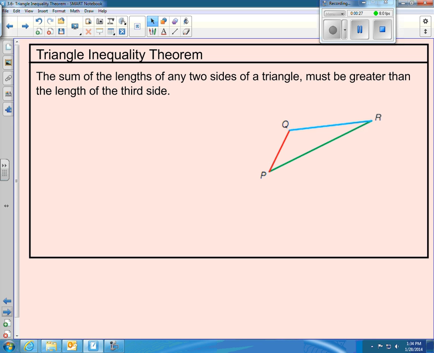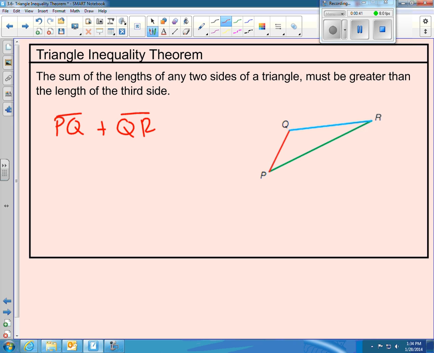Triangle inequality theorem says the sum of the lengths of any two sides of a triangle must be greater than the length of the third side. So here we can say PQ plus QR must be greater than PR.